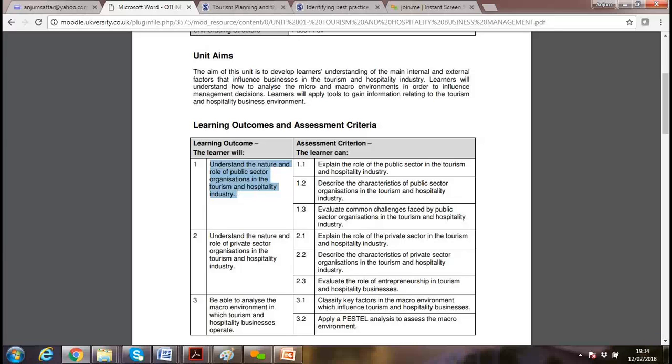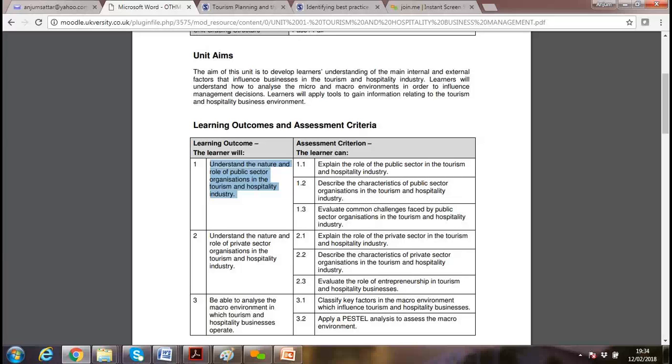So public sector organizations have a huge role. They can manage the industry. They set the code of practice for the private organizations, like the travel and tourism watchdog. Regulators can regulate, give them guidance, provide them.